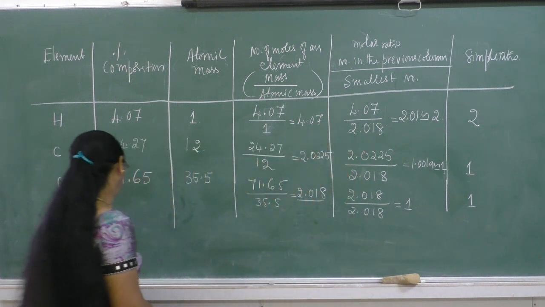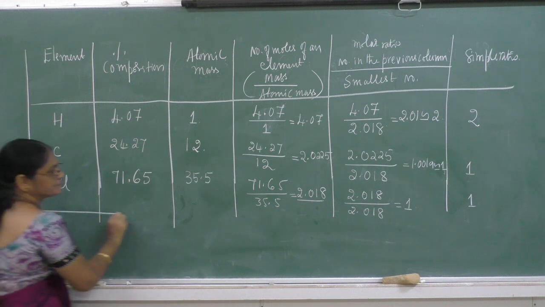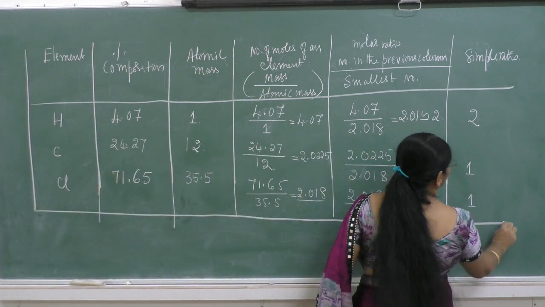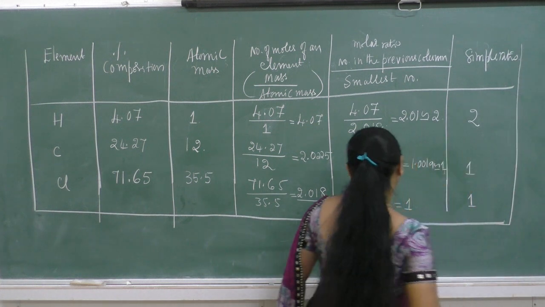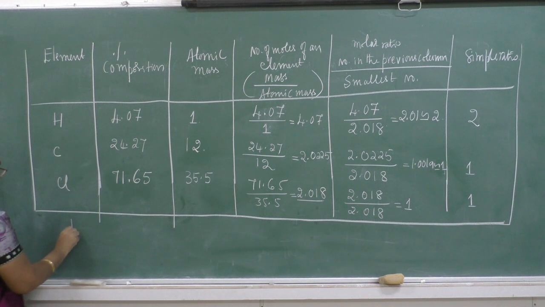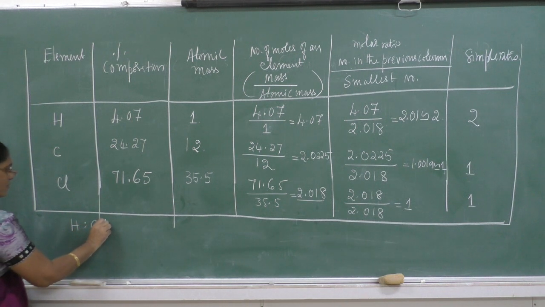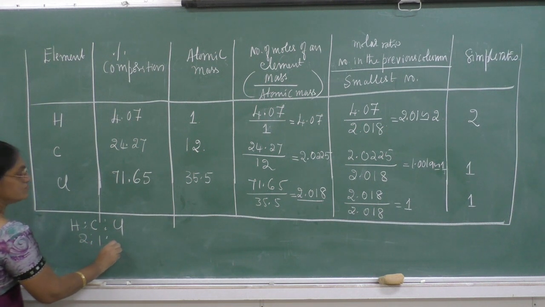Therefore, the simple ratio of hydrogen to carbon to Cl is 2:1:1.